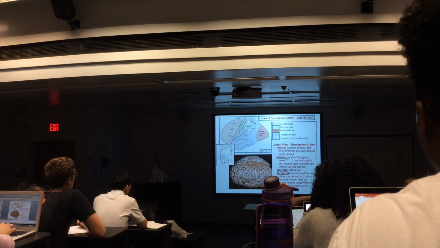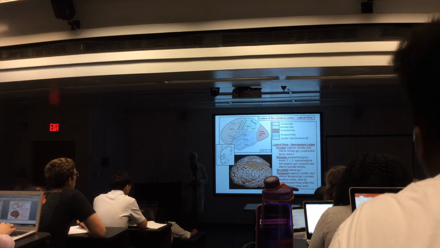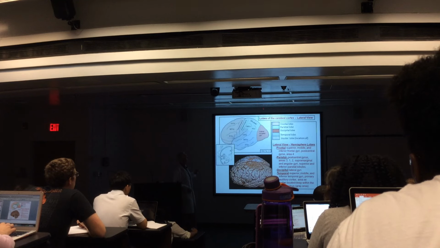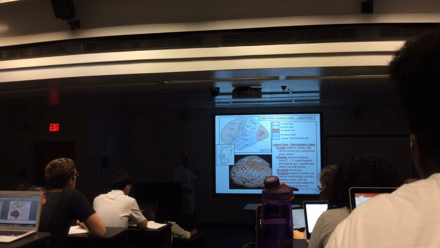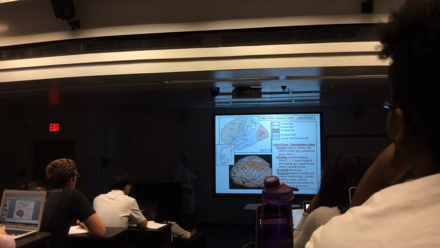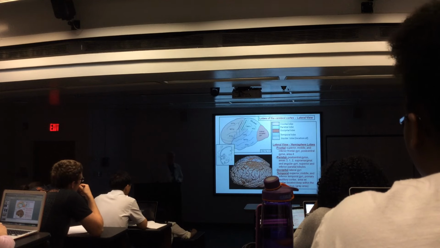And then we have a supramarginal gyrus and an angular gyrus, which are around the upper end of the superior temporal fissure. And the occipital gyri are back here, and of course they are concerned with vision on the mid-sagittal side.